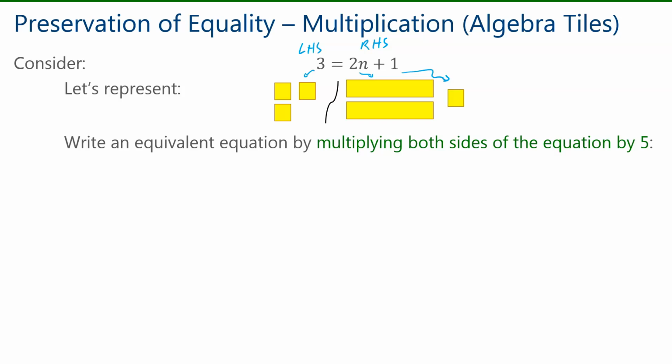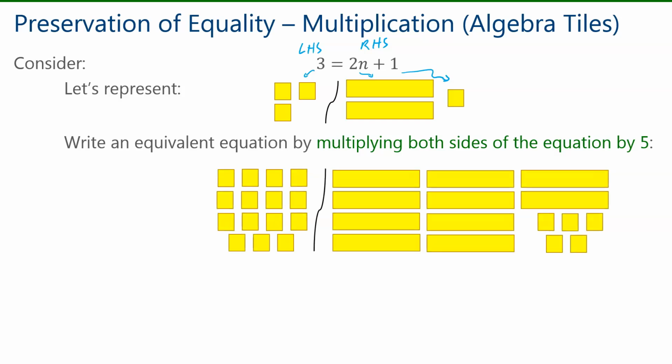So if we go back to our original equation, 3 equals 2n plus 1, well, for the left-hand side, I'm going to need 5 groups of 3. And on the right-hand side, I'm going to need 5 groups of 2n and 5 groups of 1. And when I put all that down, these are the algebra tiles I need to represent the situation.